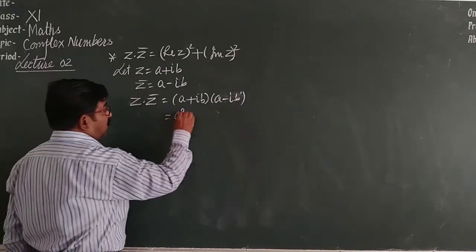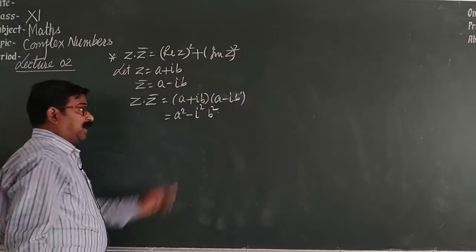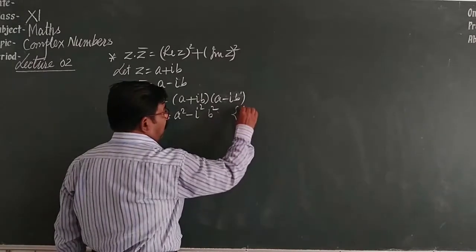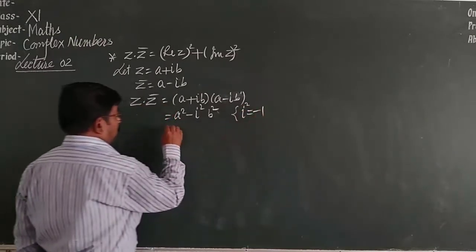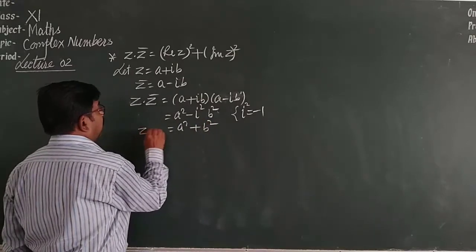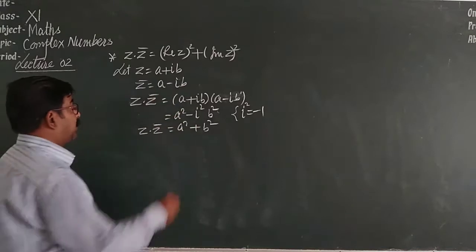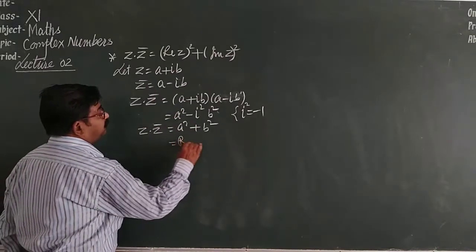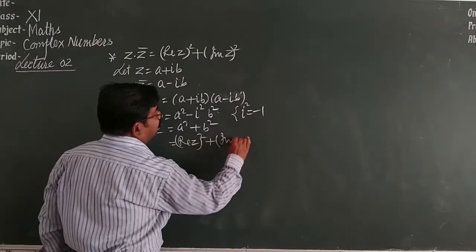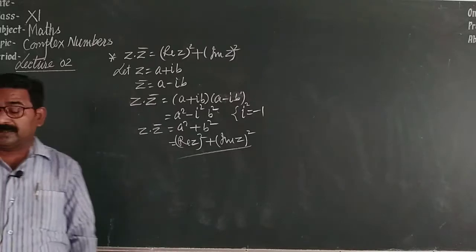So we have a square minus i square b square, and i square is what? Minus 1. I square is equal to minus 1. So we have a square plus b square. This is z into z bar, and a is the real part, b is the imaginary part. So what we have? Real z whole square plus imaginary z whole square. This is the conclusion, result.